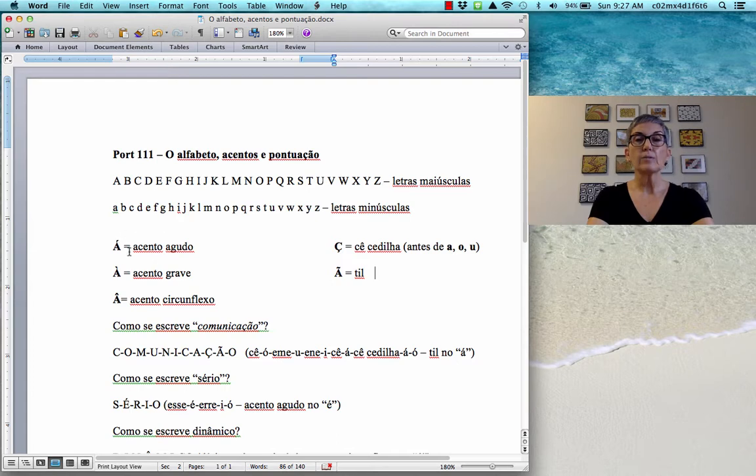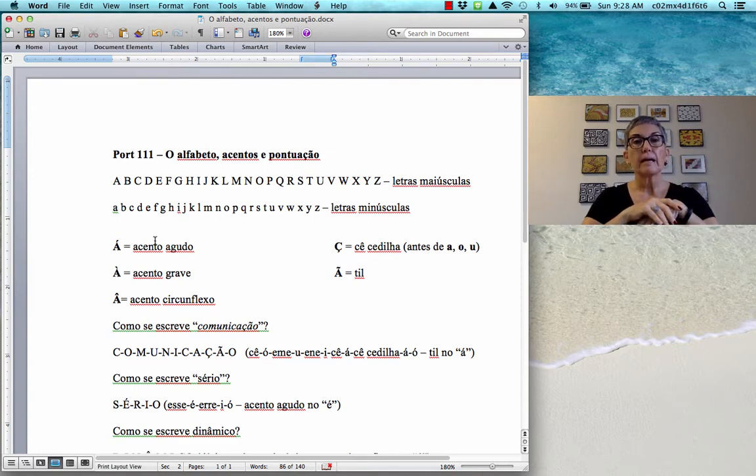This acento agudo, what happens is, and I just put the vowel A here, but what it does is that it indicates the stressed syllable, of course, and it also indicates how the vowel is going to be pronounced. So if you have acento agudo, that means the vowel is going to be open, it's A, okay? With acento circunflexo, the pronunciation is going to be different, okay?